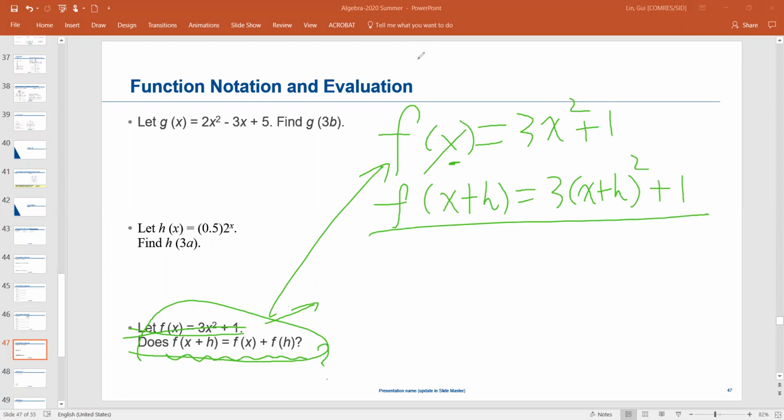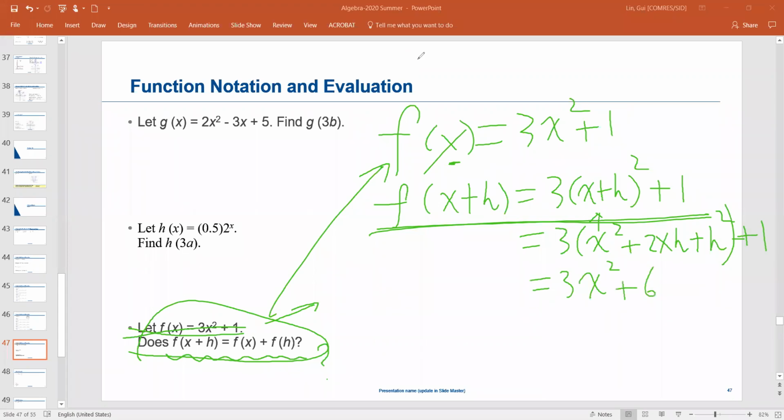That's what we got. If we use our earlier method, this part is changed into x squared plus 2xh plus h squared, plus 1. So here it became 3x squared plus 6xh plus 3h squared plus 1, right? This is what we got for the left part.